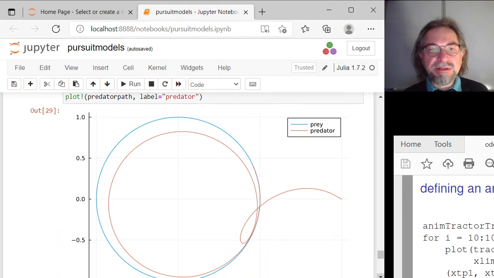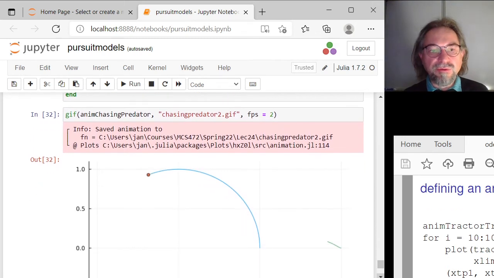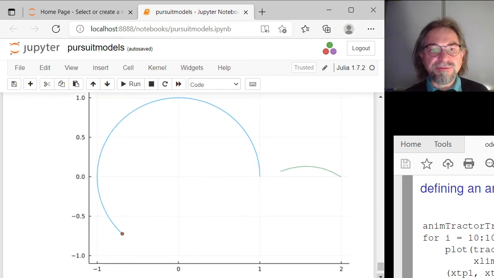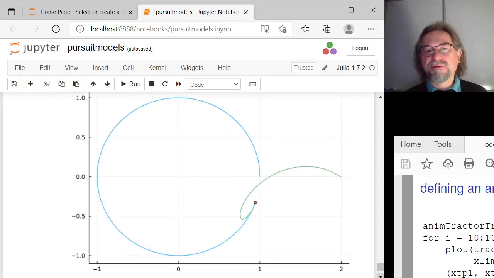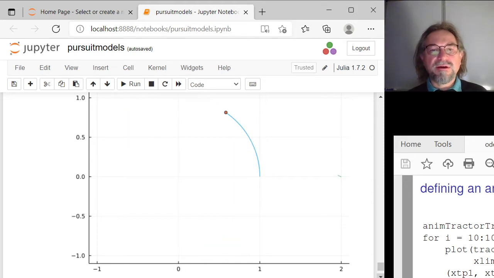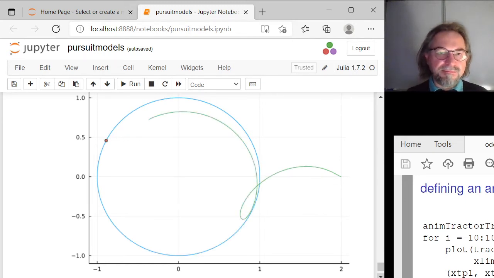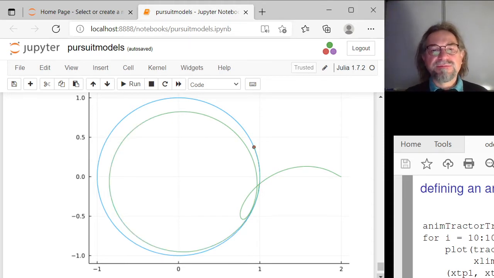So here is the trajectory, the static trajectory, and let's now look at the animation. You can perhaps now think about, instead of a drake, an alligator, which very slowly comes creeping out, and you see that as the predator moves towards the prey, it kind of misses.